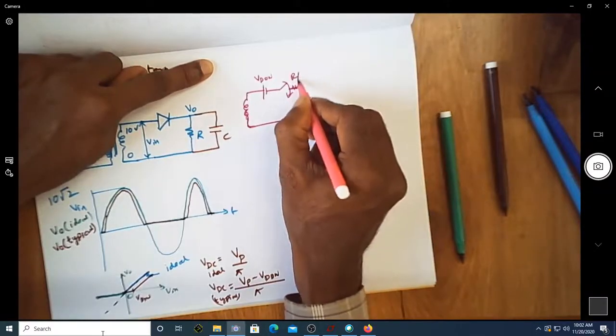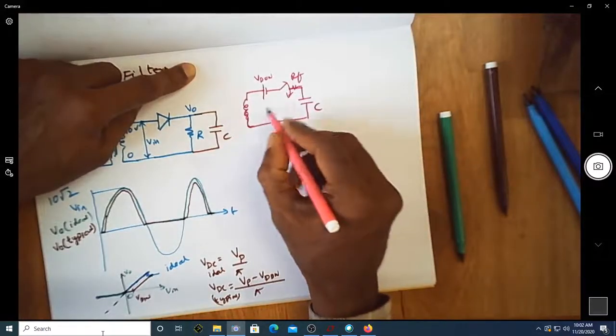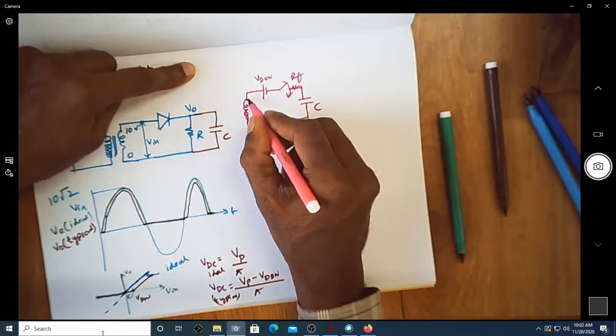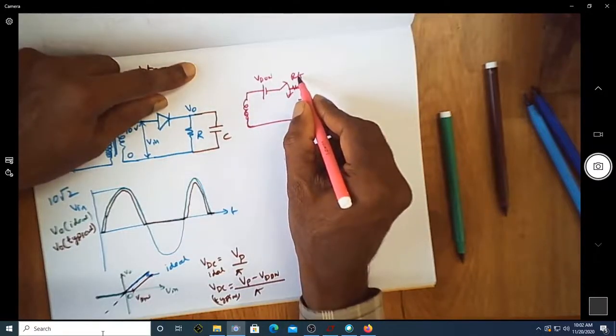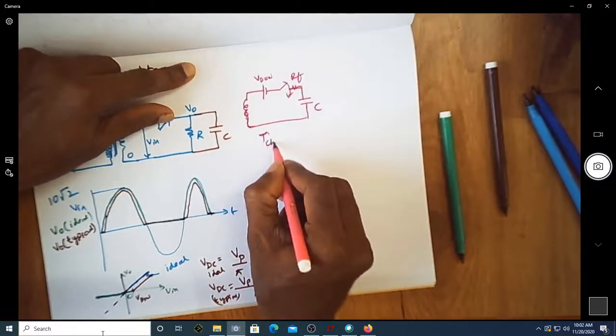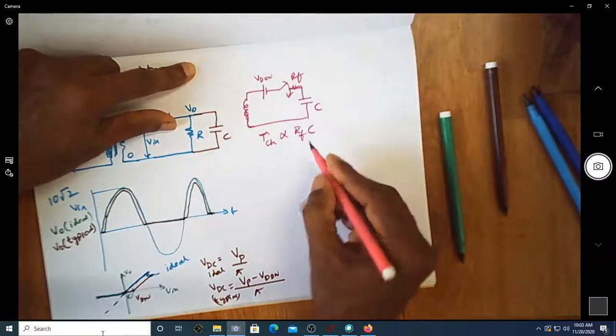Let us consider that as forward resistance RF. Now this capacitor starts charging towards this voltage, that is Vp minus Vd on, through this RF. So it is going to have some charging time constant tau, which will be proportional to RF into C.